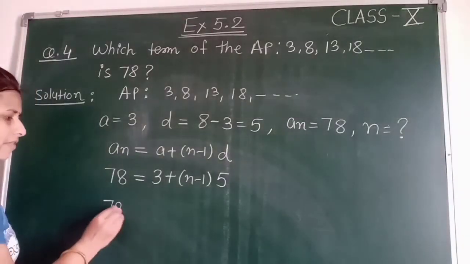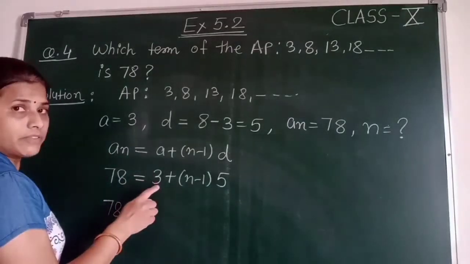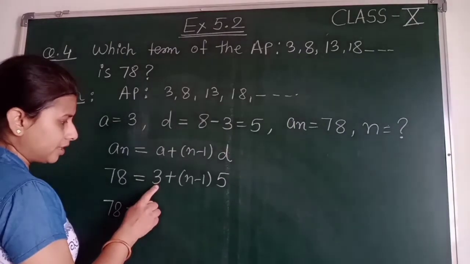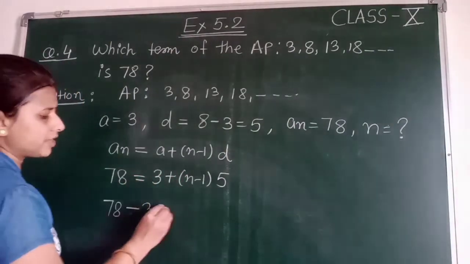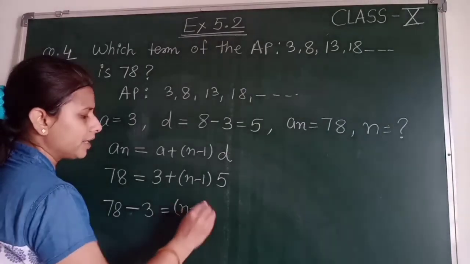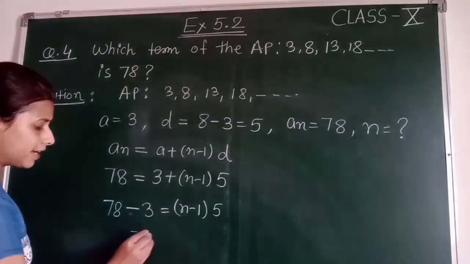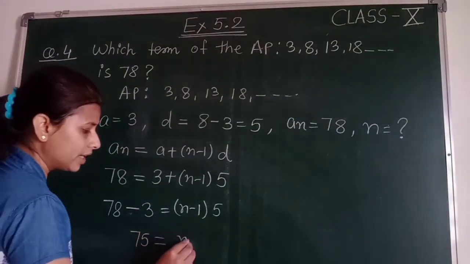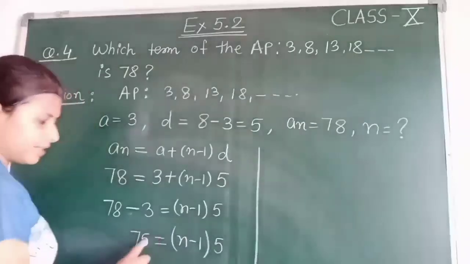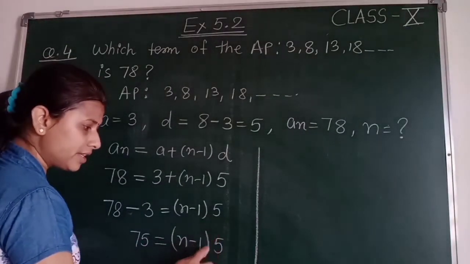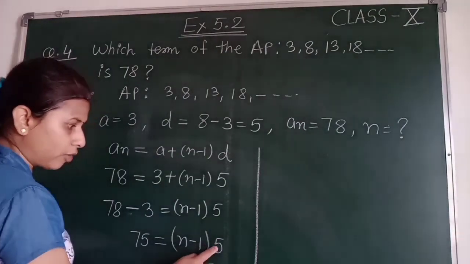Let's simplify this. First we will shift this plus 3 from the right hand side to the left hand side. Then we will get 78 minus 3 equals n minus 1 into 5. 78 minus 3, what will we get? We will get 75 equals n minus 1 into 5. Then, as you can see, this 5 is in multiplication with n minus 1.